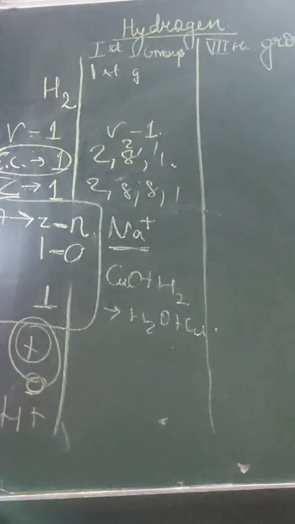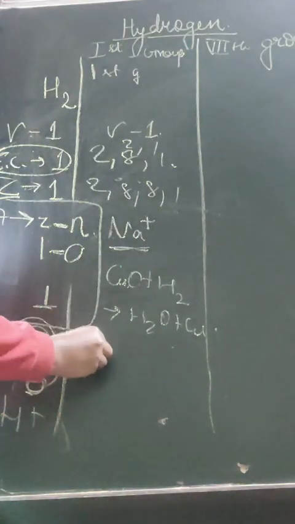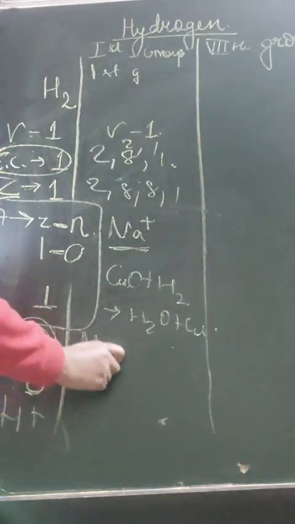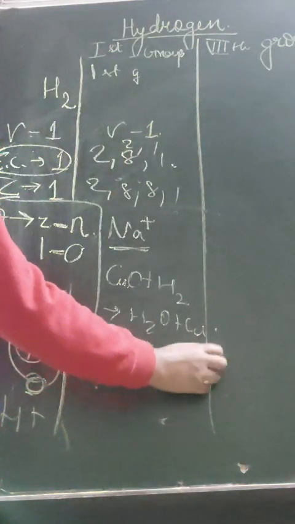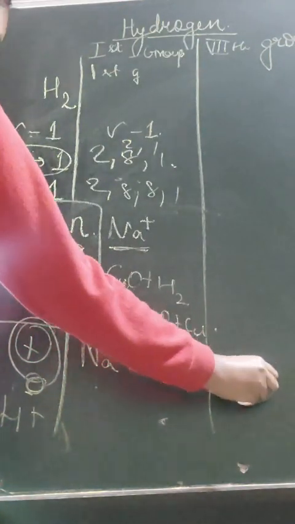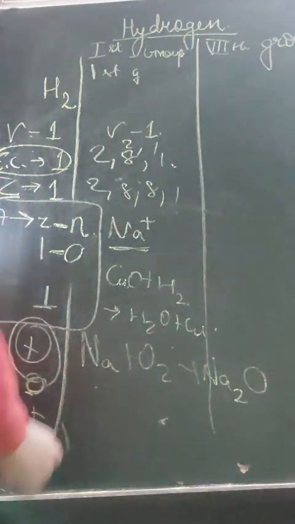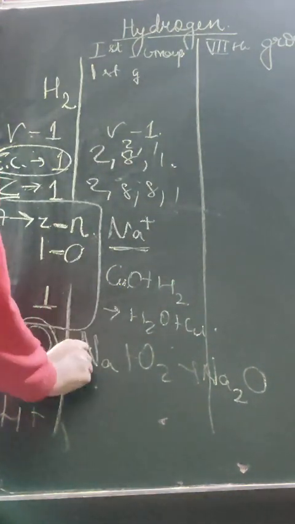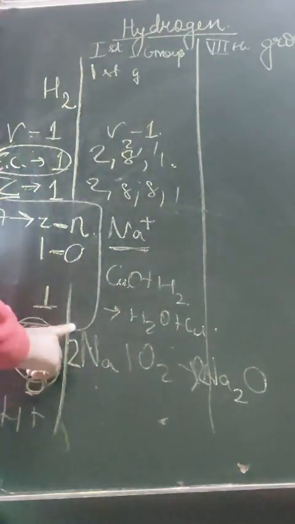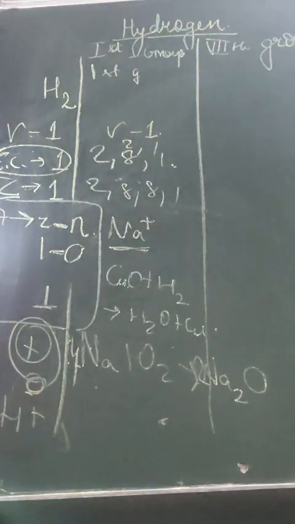Similarly, these elements of the first group have the reducing power, like Na plus O2 forms Na2O. Now is it balanced? No. So we'll put 2 here, we'll put 2 here, so we'll put 4 here, 4 Na. Now it's balanced.